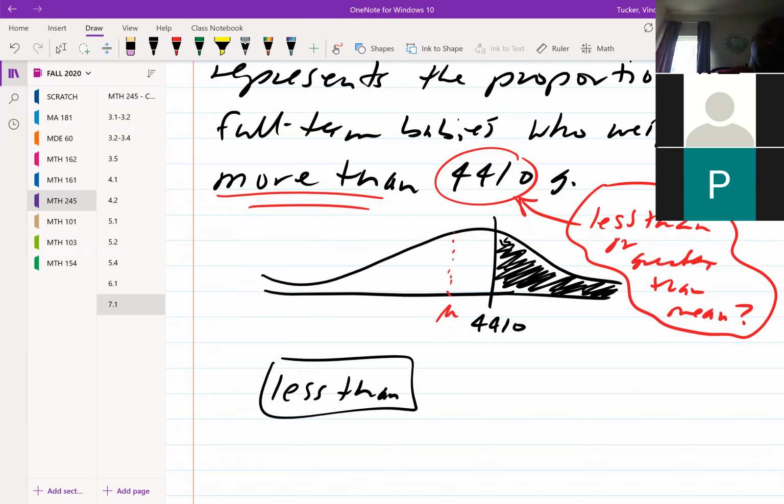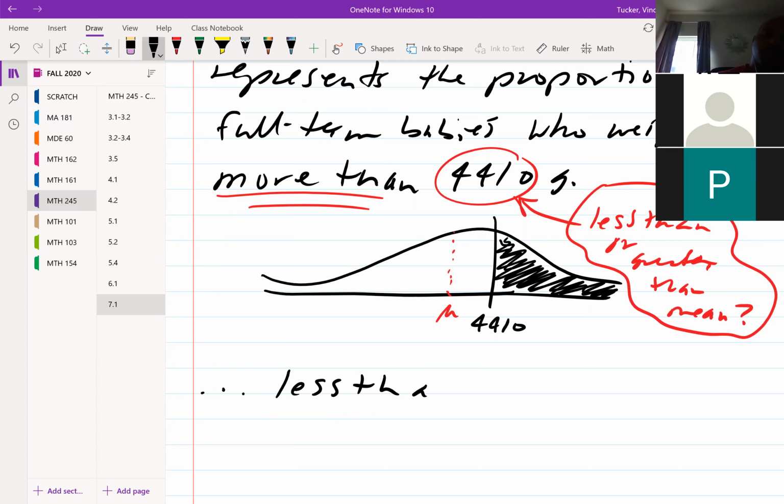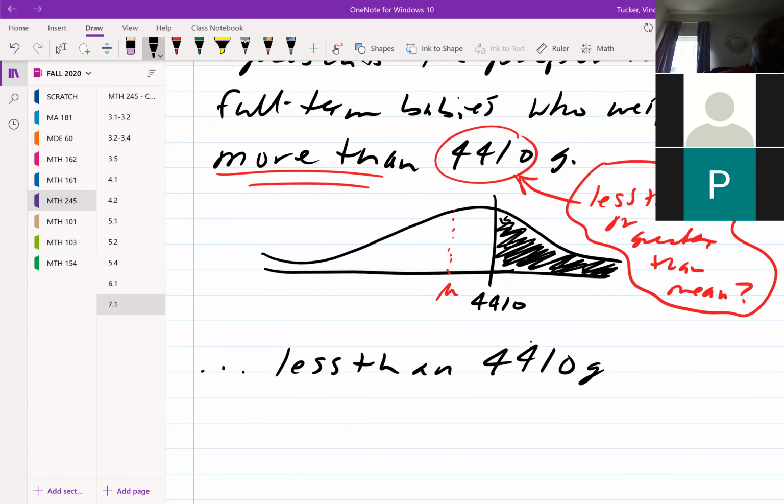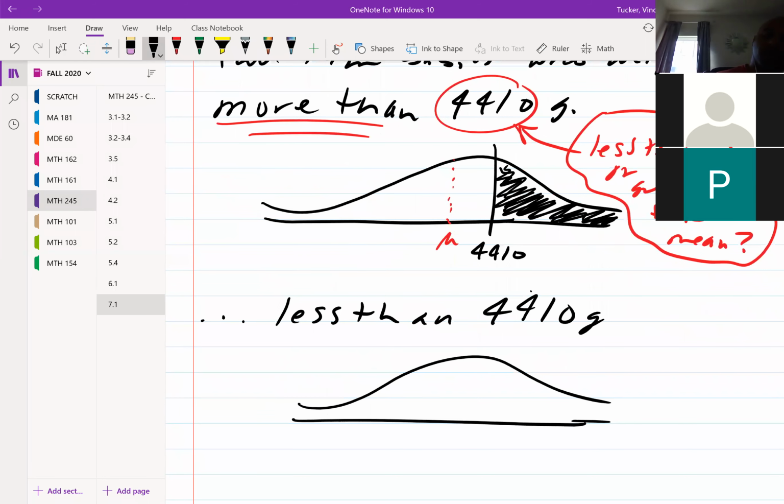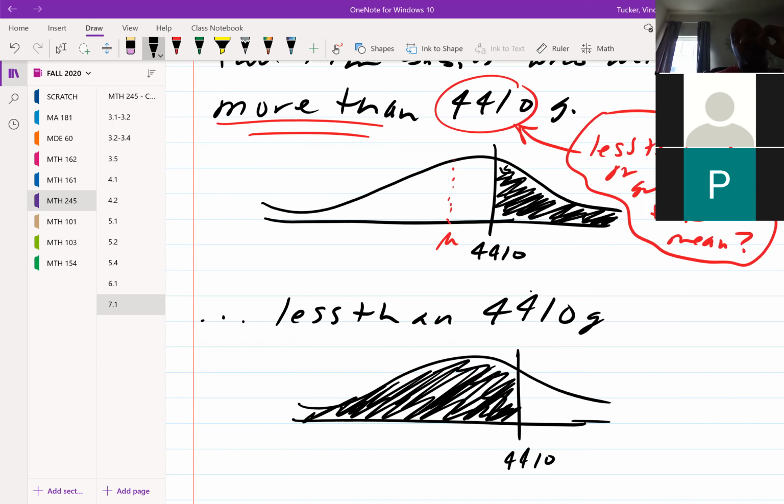I'll just write like this instead. 4410 will still be in the same spot, but now shading to the left. Less than always represents to the left of. More than or greater than represents to the right of.